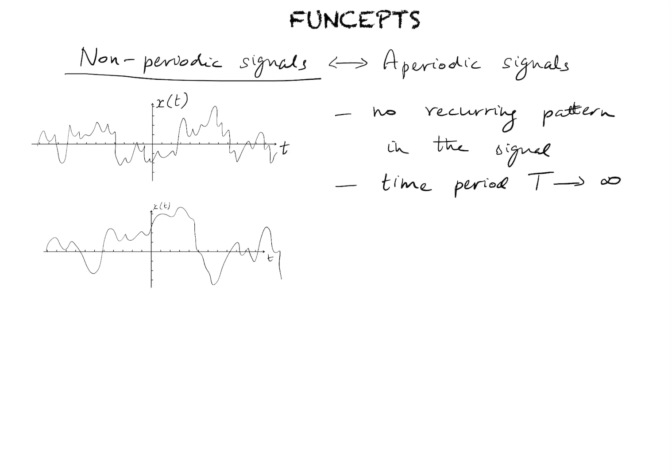If you look at these two examples here, we notice that there is no recurring pattern that repeats itself. The signal seems to be changing with time, but there is no recurring pattern anywhere in the signal. Similarly here, there is no recurring pattern that recurs at regular intervals of time. So in both cases, we say that the time period approaches infinity. So for an aperiodic signal, we do not have the concept of a definitive frequency.